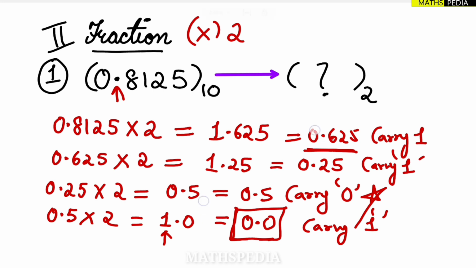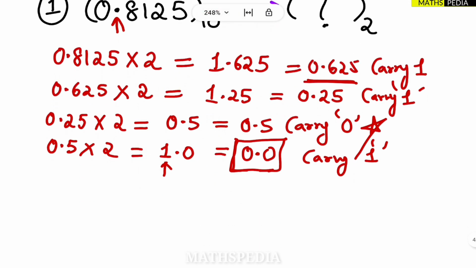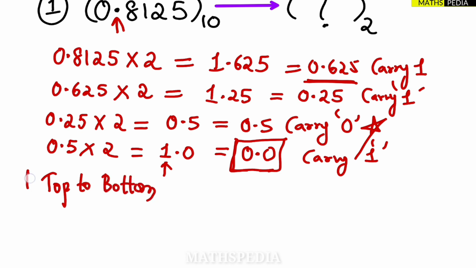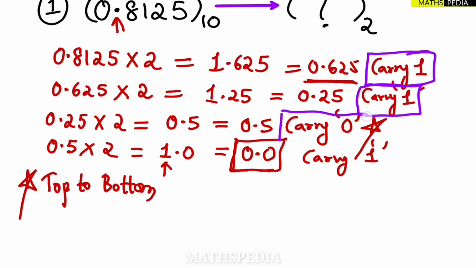Now how to write the answer? In the previous case we went bottom to top. Here we have to go from top to bottom, very important. By seeing the carry we have to write. Here carry is 1, carry is again 1, carry is 0, carry is 1.